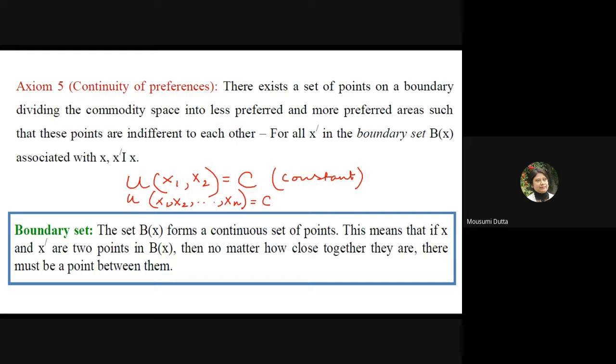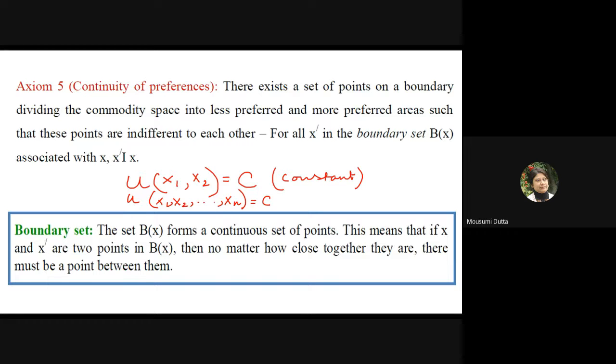Now, what is an indifference curve? An indifference curve gives a series of combinations of 2 commodities x1 and x2 for which the satisfaction of the consumer, or the utility of the consumer, remains unchanged.